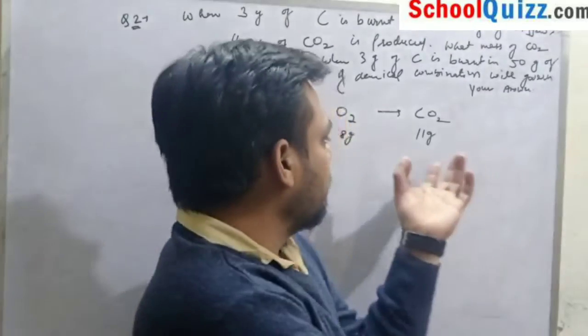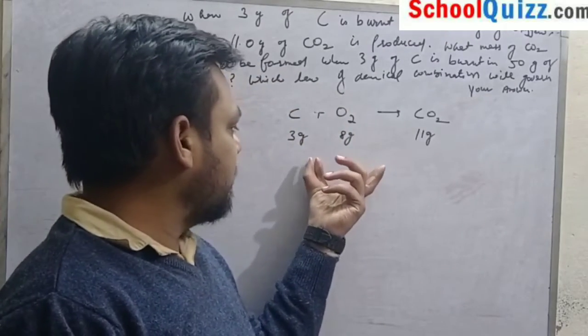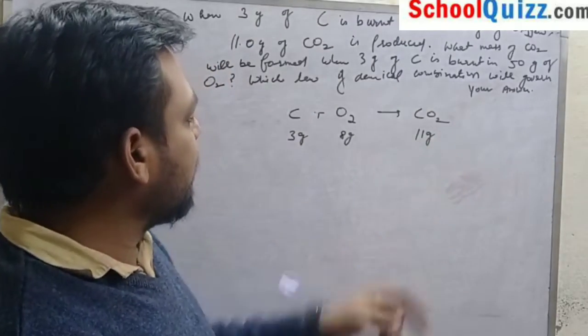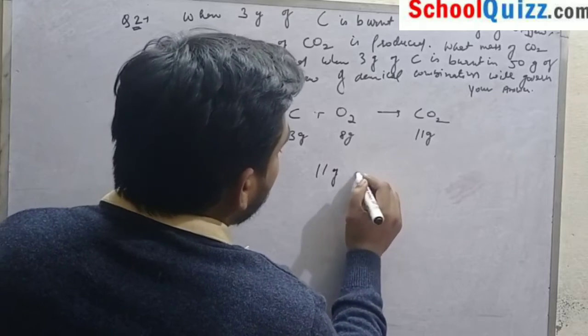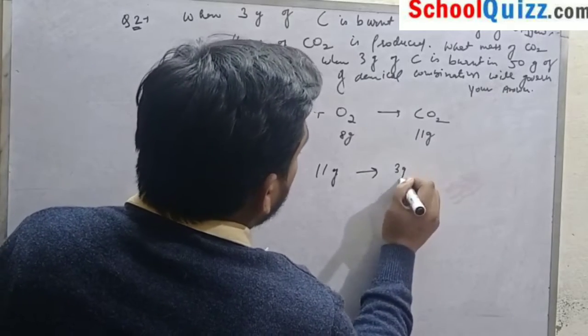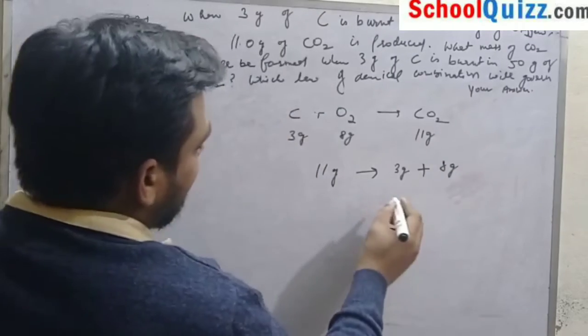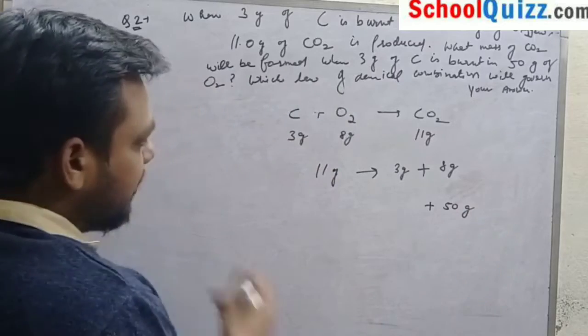If 3 gram of carbon is used up with 8 gram of oxygen to give 11 gram of carbon dioxide, it means 11 gram of carbon dioxide is formed from 3 gram of carbon and 8 gram of oxygen. On this side, 50 gram of oxygen is there.